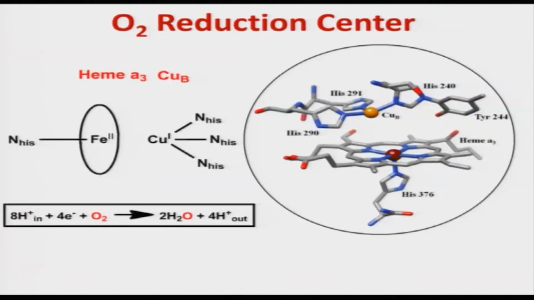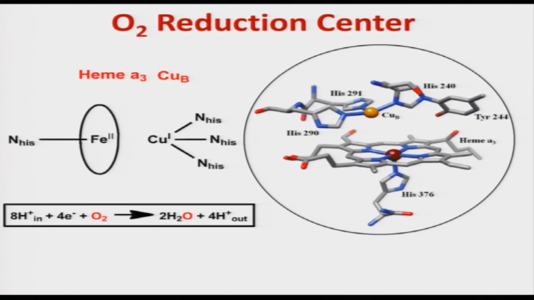So the center where dioxygen is reduced to water is cytochrome C oxidase, and indeed this is heme a3 and copper B, where dioxygen comes and binds. I will be discussing all these in detail after a week in the subsequent lectures.